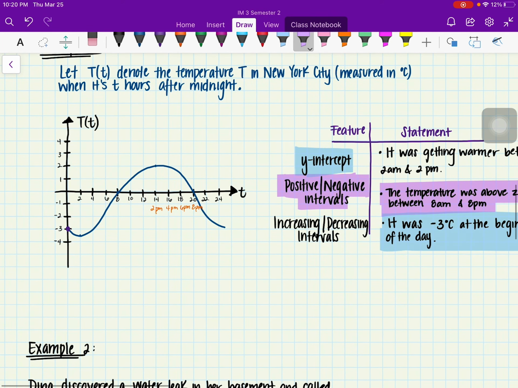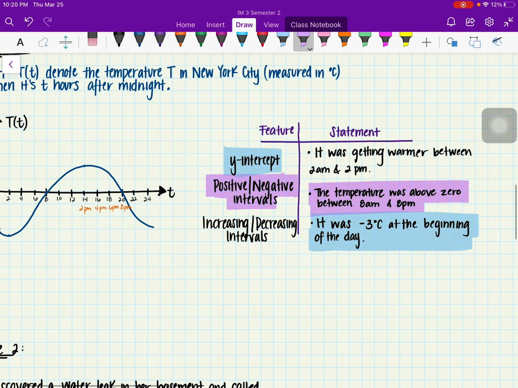If we take a look at that, the temperature was above 0 from 8 a.m. to 8 p.m. So that would represent either the positive or the negative. In this case, it's representing the positive.